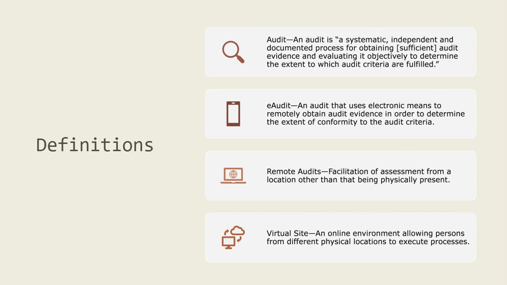Now, an e-audit is that, with the exception that we use electronic means to obtain the audit evidence in order to determine the extent of that conformity to the audit criteria. So it's the very same. We're going to use the same kind of process, the same evaluation process and all that. It's just that we're using technology to collect the data.